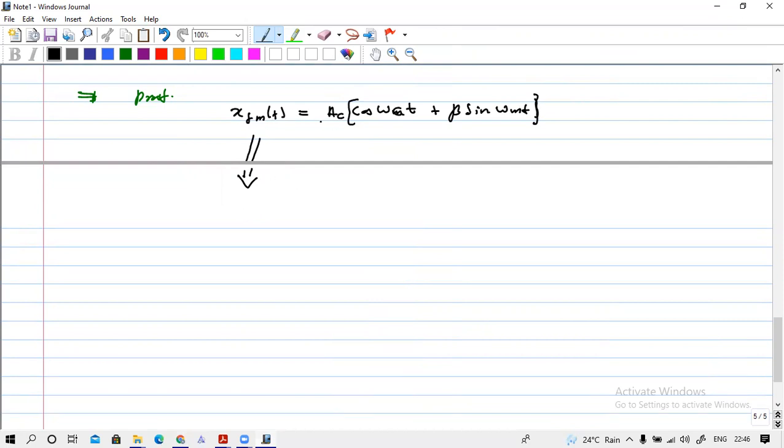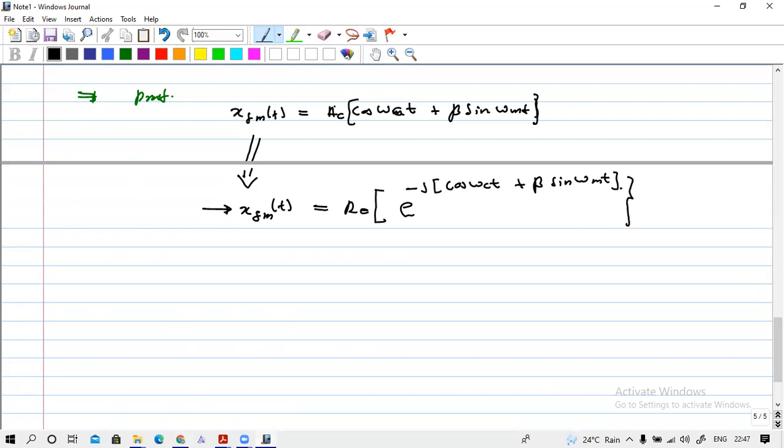I can denote this passband signal as the real part of e to the power j, the argument cos omega_c t plus beta sine omega_m t. Correct? We can write this because this is a cos value, cos theta.